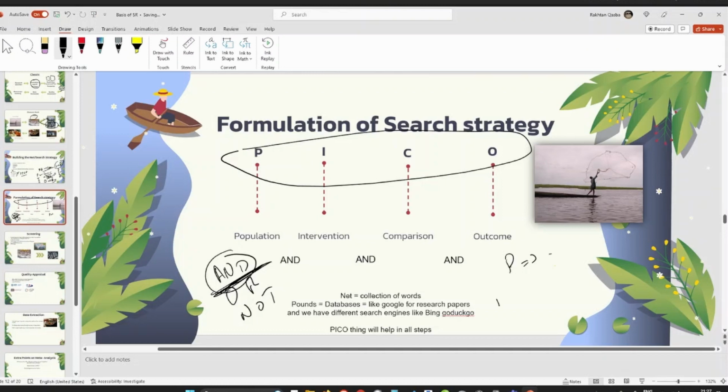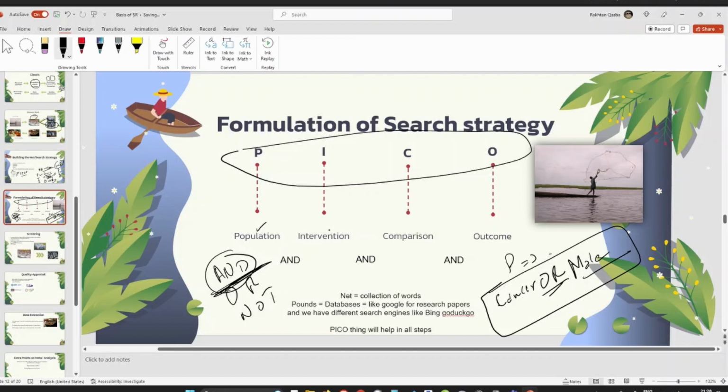Whatever types of cancers I have, I will separate with an OR: cancer OR melanoma OR whatever different cancers I have. I will put these terms under the population and separate all my synonyms with an OR.